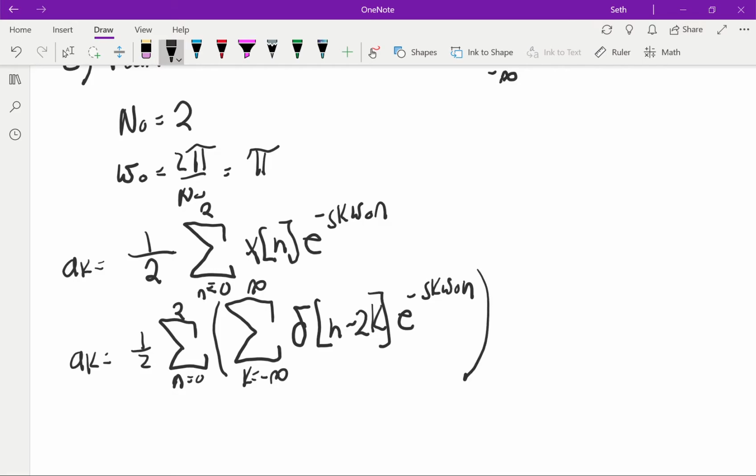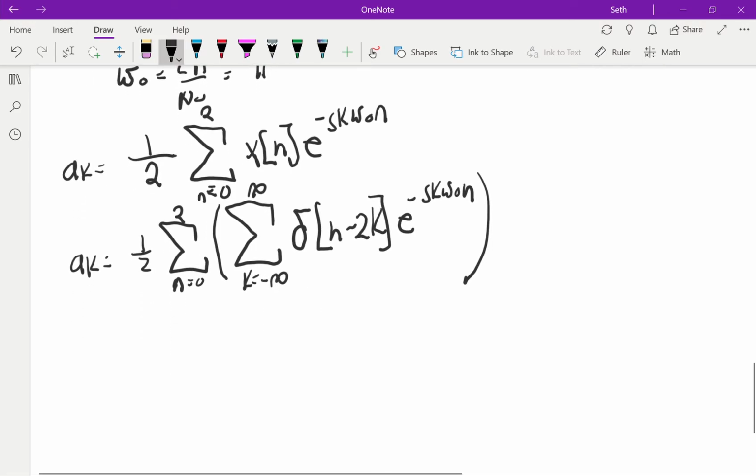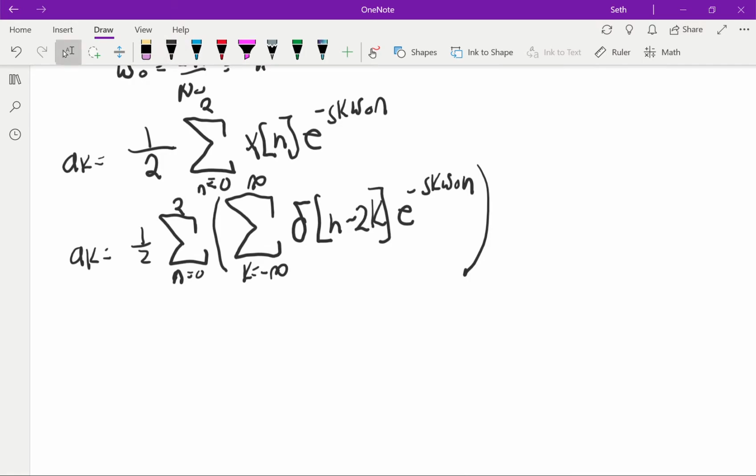Okay, so for a lot of you, this might actually be the first time you've seen something like this, a product of sums. There are some ways we can handle these algebraically, but we don't really need to think about that now.